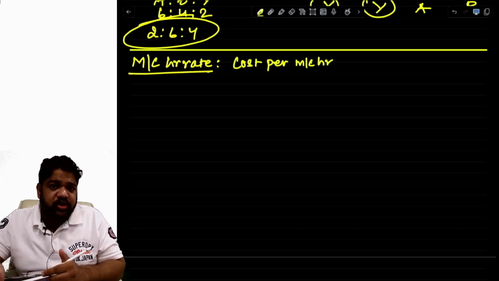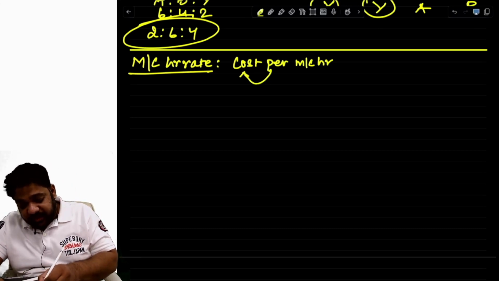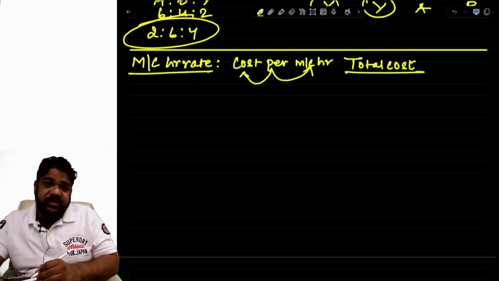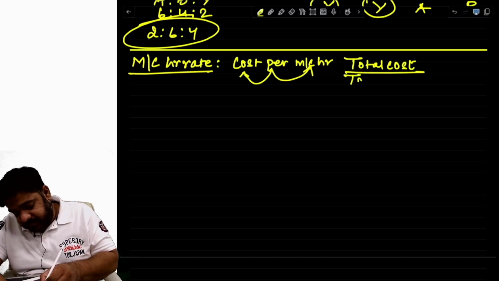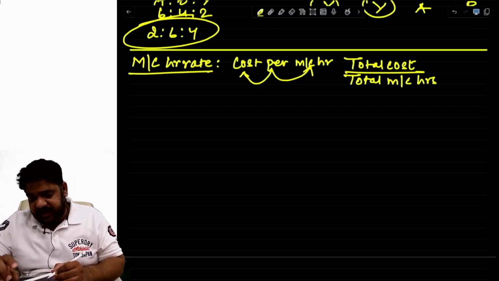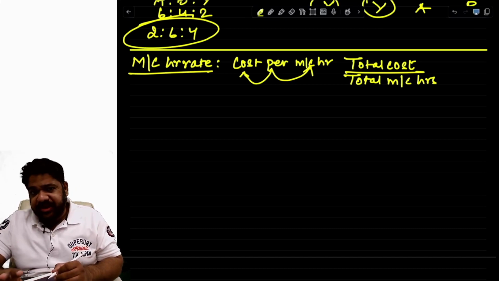And when you're doing cost per machine hour, anything before the per is your numerator. So the numerator becomes total cost. And anything after the per is your denominator, which is your total machine hours. Are you understanding? That's what the total cost upon total machine hours, that will get you your machine hour rate.